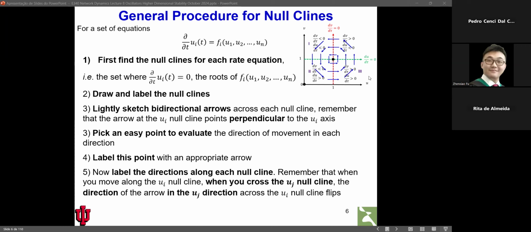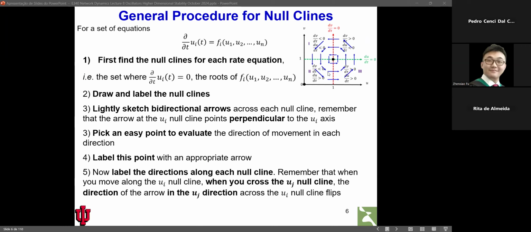And you know that when you cross the u nullcline, this arrow, this crossing, should be perpendicular to the u-axis. And when you cross the v nullcline, you have this thing perpendicular to the v-axis.